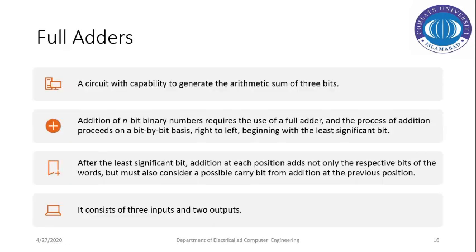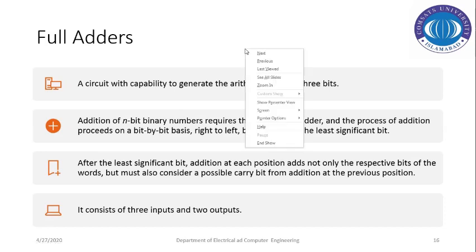Now we'll move a step further, because in any addition there can be a case where we have to add a carry. Let me give an example using decimal numbers.